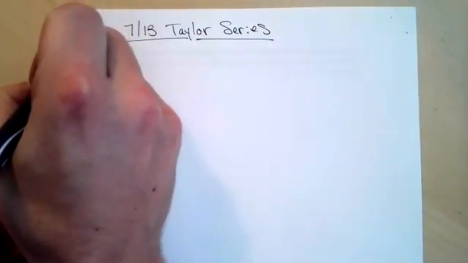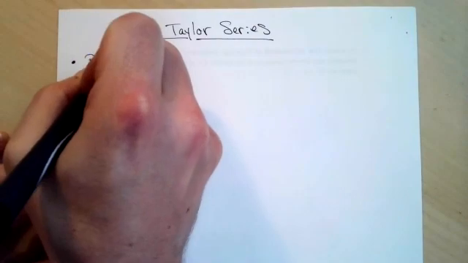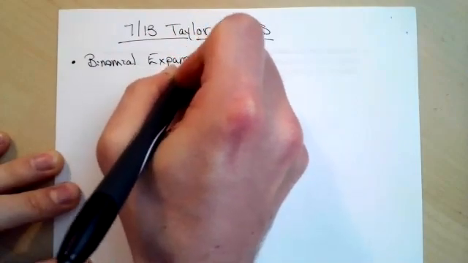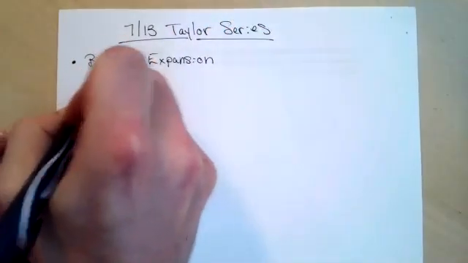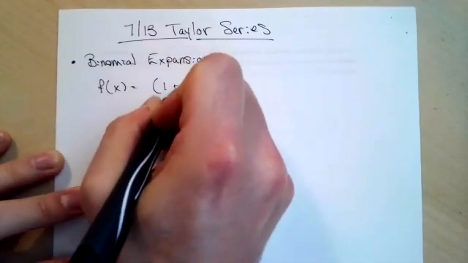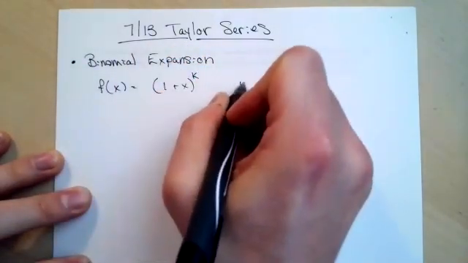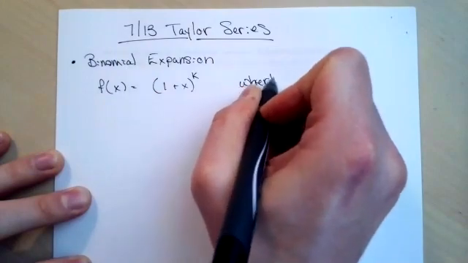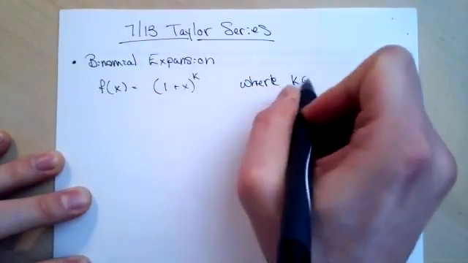So let's start off with our binomial expansion. Our function is just going to be (1 + x)^k, where k is any real number.